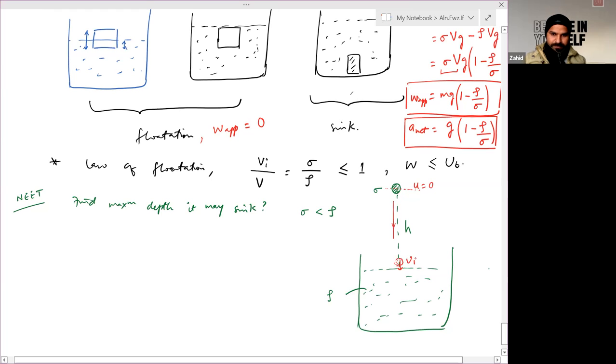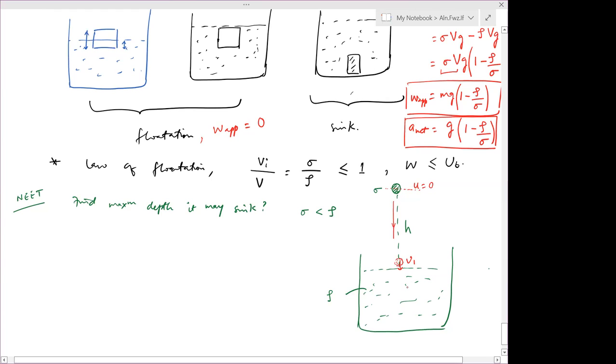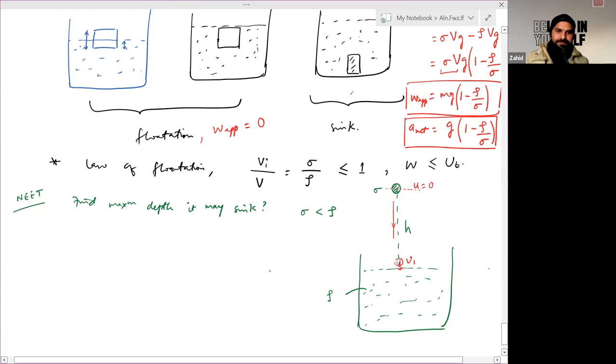Now in this particular fluid part, it will be experiencing a downward force due to weight and an upward force due to buoyant force. Which of these forces will be stronger, buoyant force or weight?